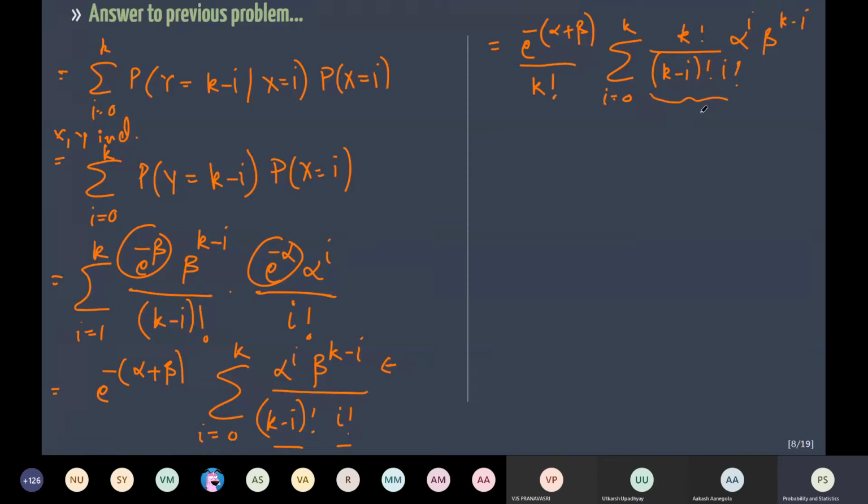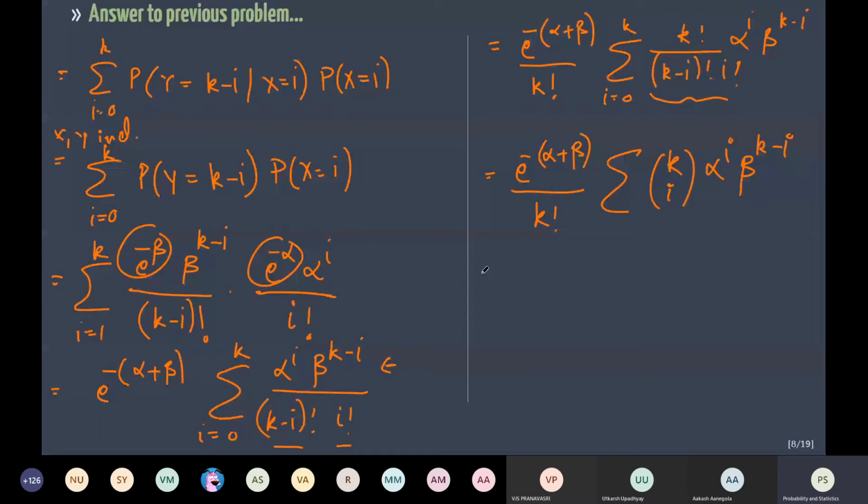So this is k choose i. So this is e to the minus (alpha plus beta) over k factorial, times the sum of k choose i, alpha to the i, beta to the k minus i.